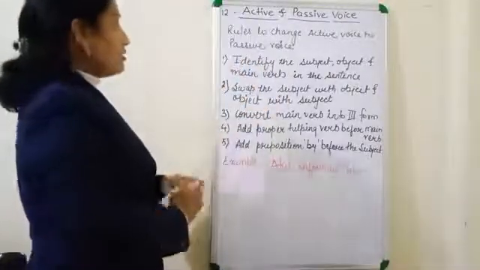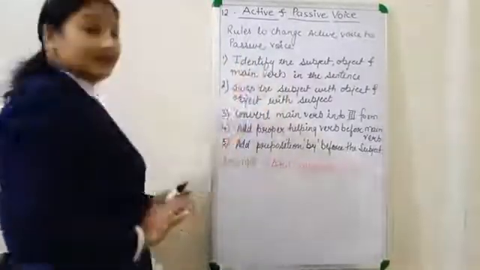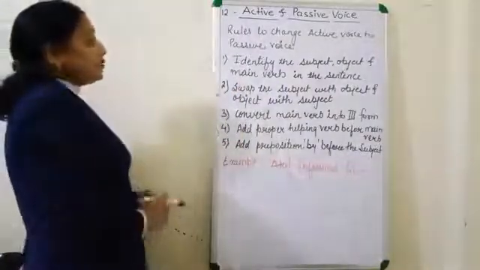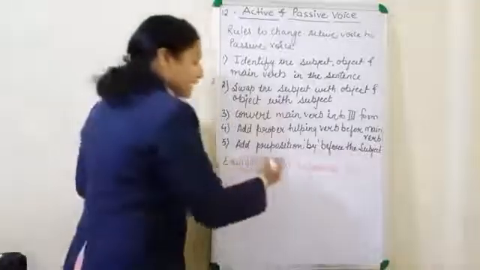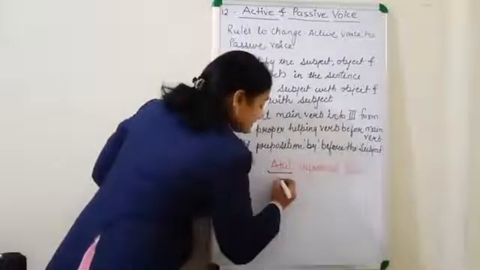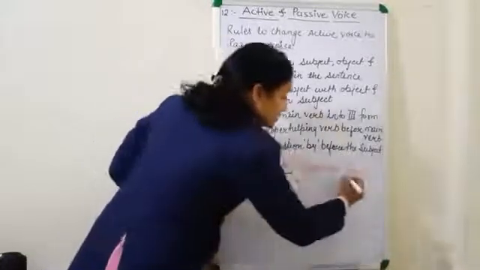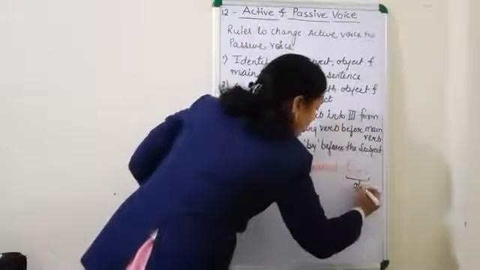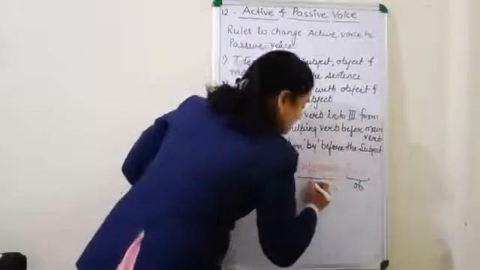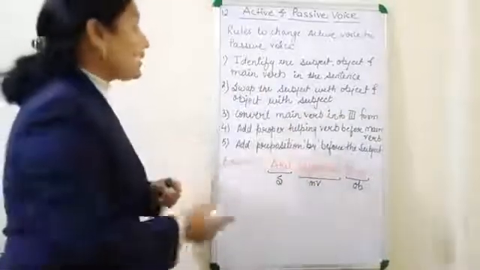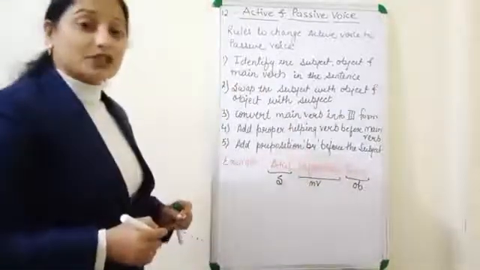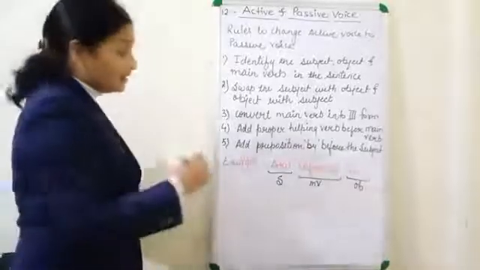Now see, first you go through all the 5 rules. The first point tells us to identify the subject, object and the main verb. Swapping. Swap the subject with the object and object with the subject.